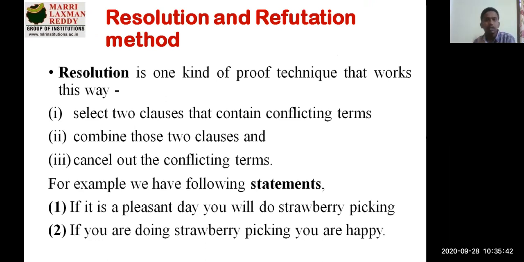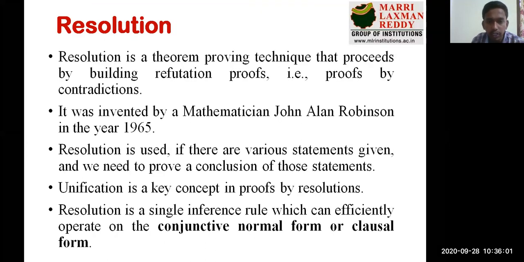Moving ahead with the resolution and refutation method. Resolution is one kind of proof technique which follows this set of statements. Initially, we select two clauses that contain conflicting terms. As I said, you'll have some set of premises, it can be 4, 5, 6, or many.